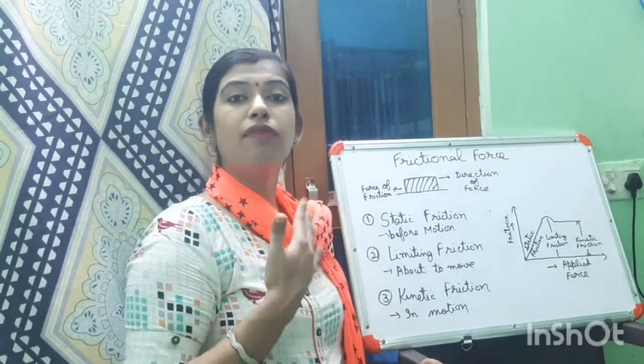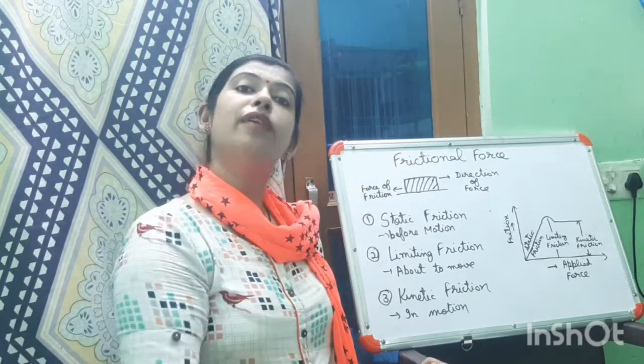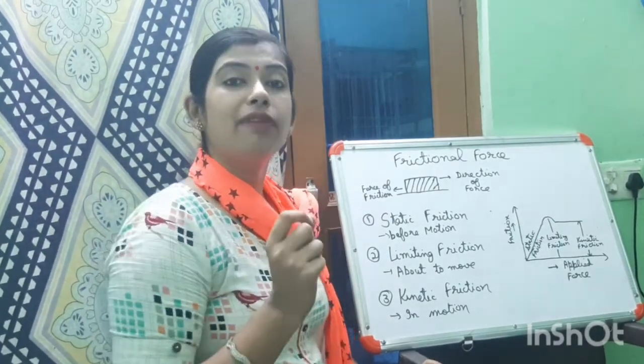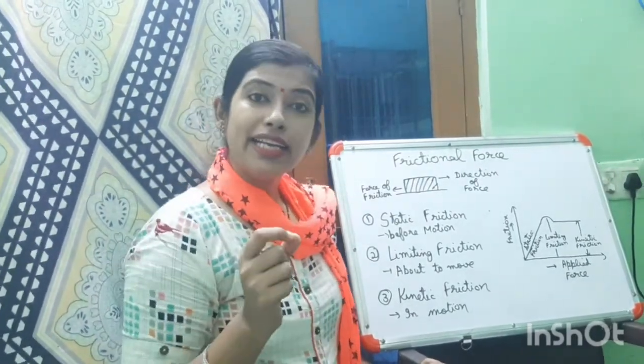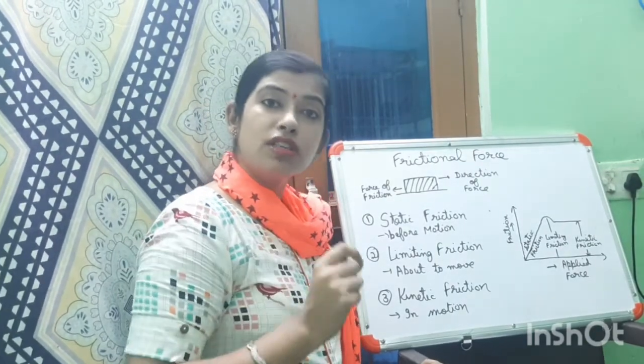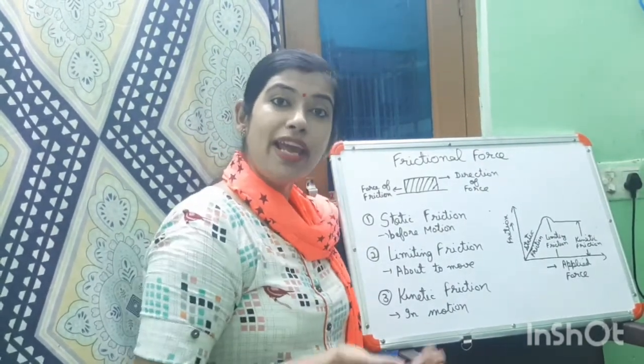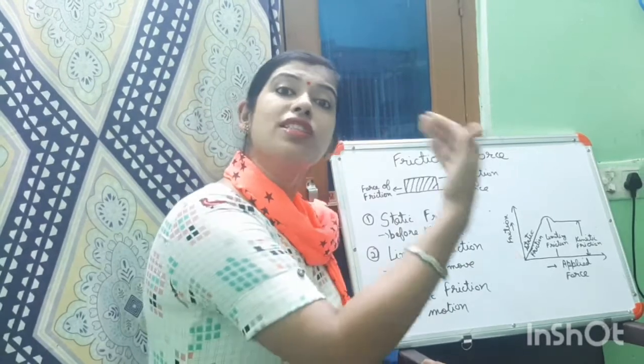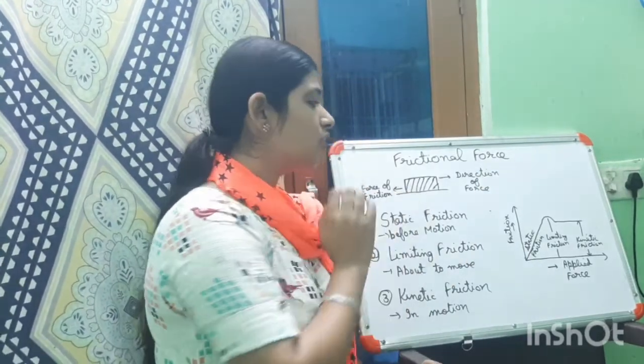Meaning the frictional force which will act after 20 Newton of force will be kinetic friction. Kinetic friction is the force of friction which comes into play after the block starts moving on the horizontal surface.